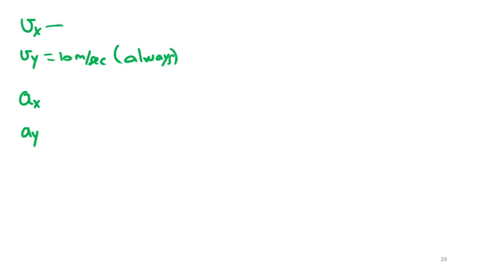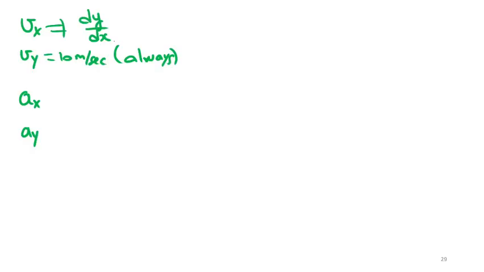Then the x component will be dy by dt, I'm sorry, the change of the path with respect to time, which is the change of distance with respect to time.